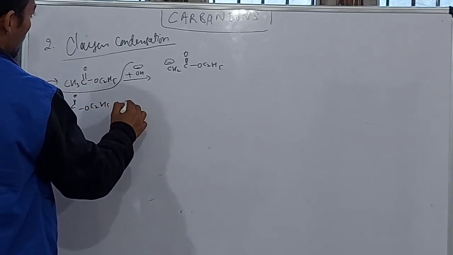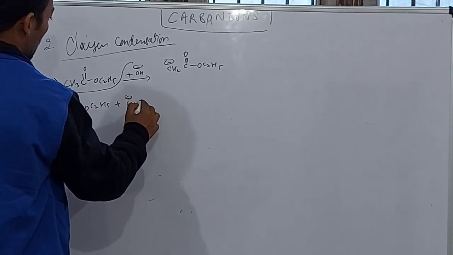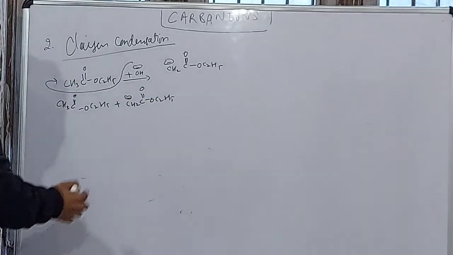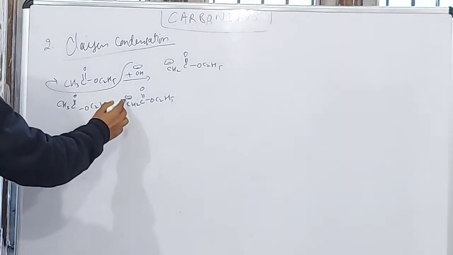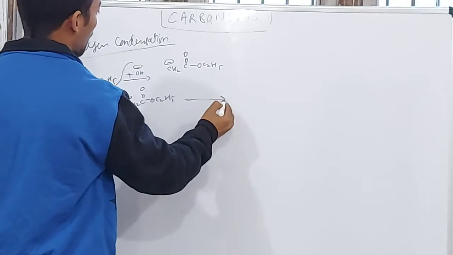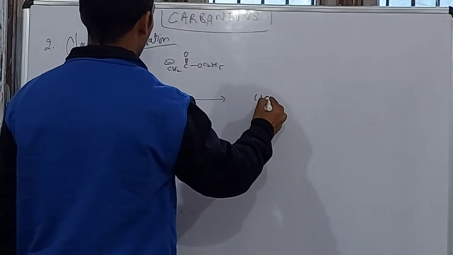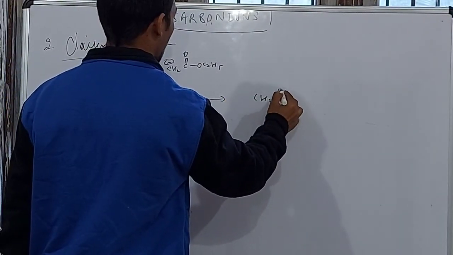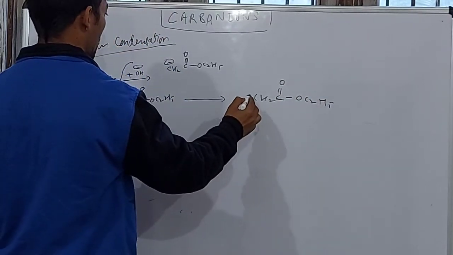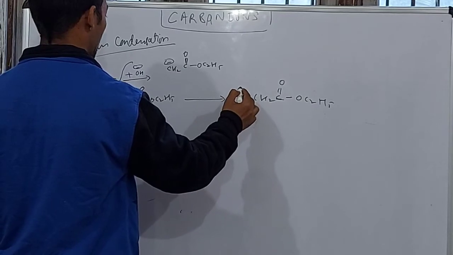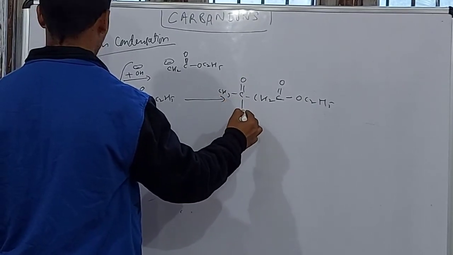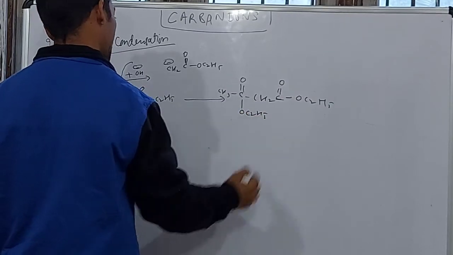on CH3COO-C2H5. So again there will be a nucleophilic attack, but this time there will be attack on this carbon atom. So in the product we will get CH2COO-C2H5, and here we will get COCH3 O-C2H5.